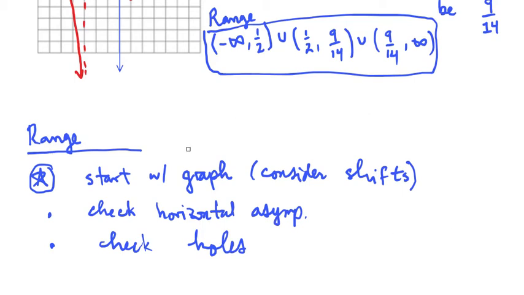Again, there's more to finding the range than just this, but these tools, these methods that we have so far, are an excellent start, and you can deal with some fairly complex functions with just the methods that we have here.